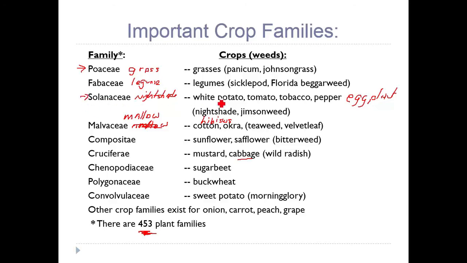You can't make a pizza without peppers or tomatoes, for example, and some of the best eggplant I've ever eaten was served in China. And the white potato, of course. These are all very important plants and give us the wide variety of plants that we need.